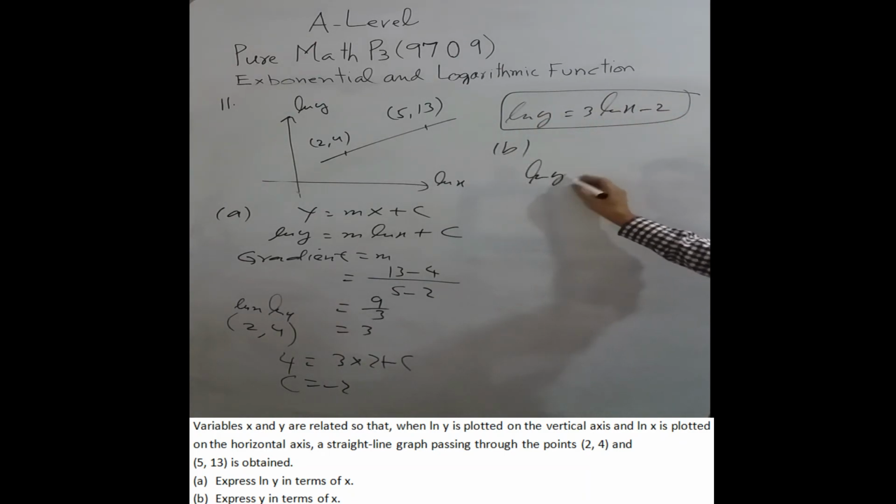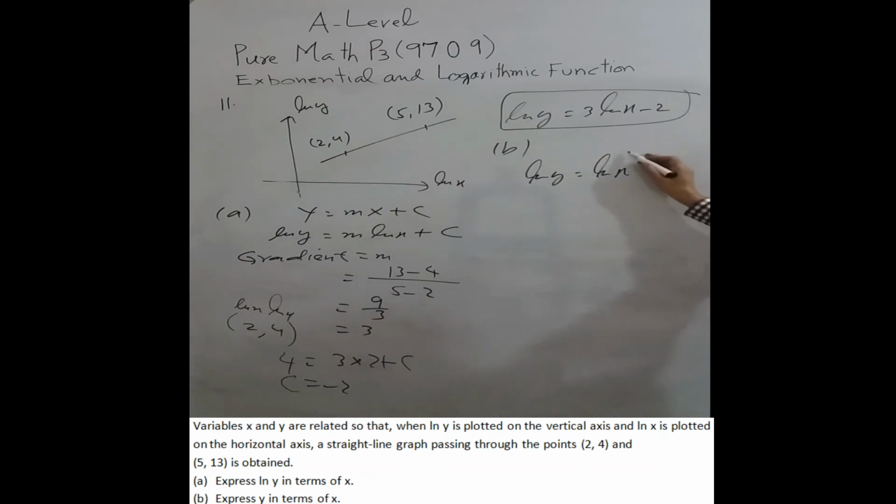Now you have to apply the laws in reverse order. You can write it like this, and now you can write 2 as 2 ln e, because ln e is 1. You know that ln e is 1. So you can write 2 as 2 multiplied by 1.